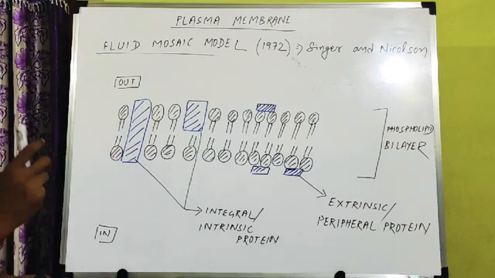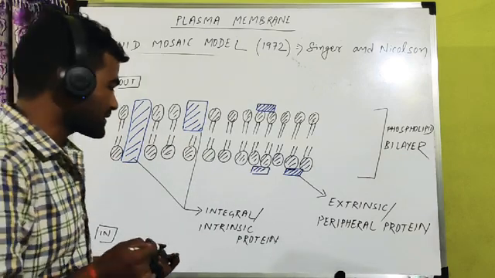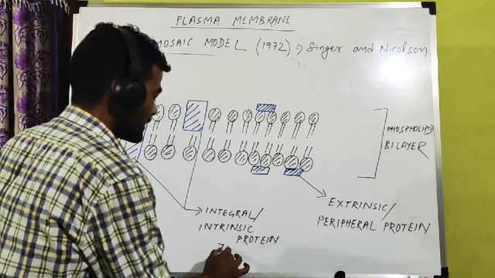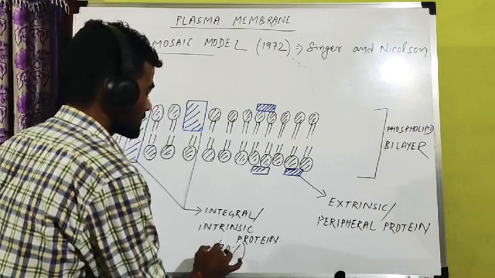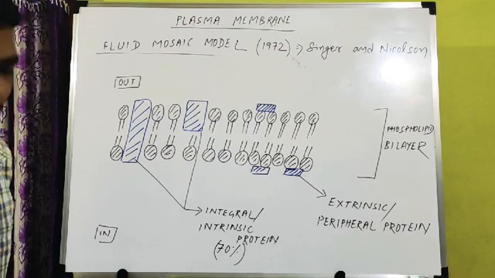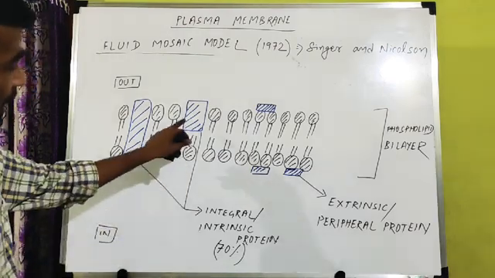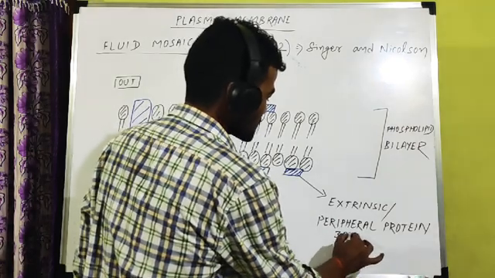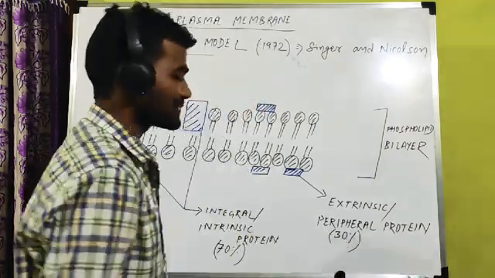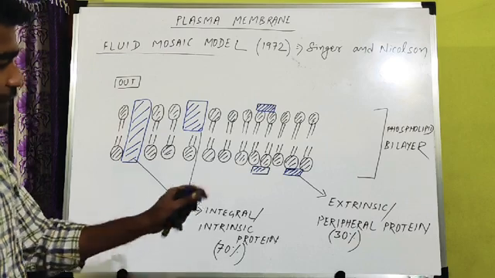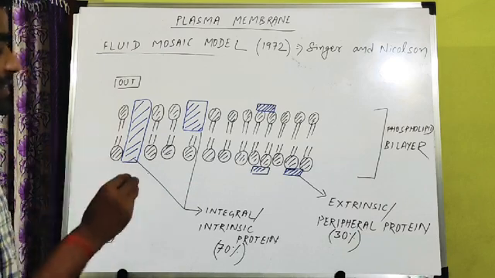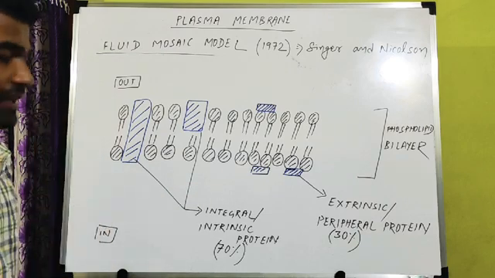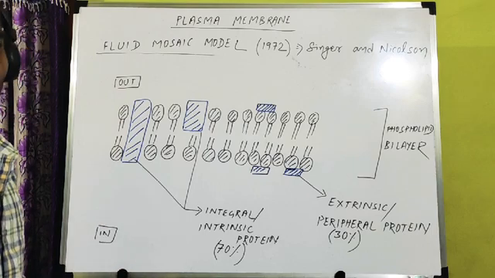But if you come to their abundance, the maximum protein in the cell membrane is intrinsic type, 70%. Out of total protein, 70% are of this category, but extrinsic are only 30%, very less. So extrinsic proteins are very few compared to integral or intrinsic proteins.